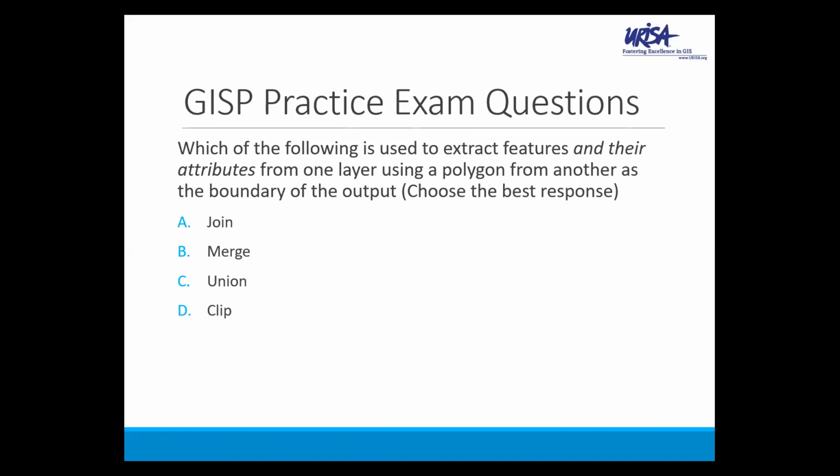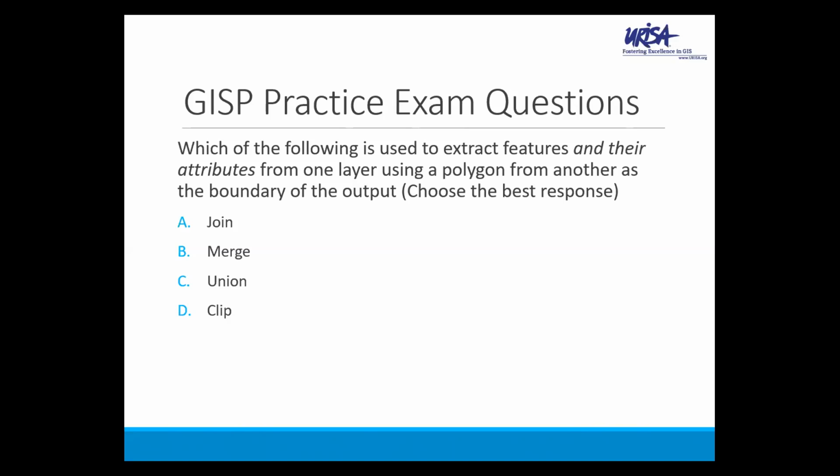Which of the following is used to extract features and their attributes from one layer using a polygon from another as the boundary of the output? I emphasize "and their attributes" because I think those are the operative words in this particular question. Choose the best option. We want to extract the features and their attributes from one layer using a polygon from another layer.